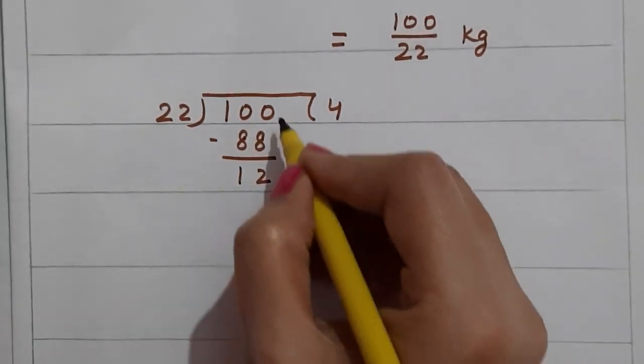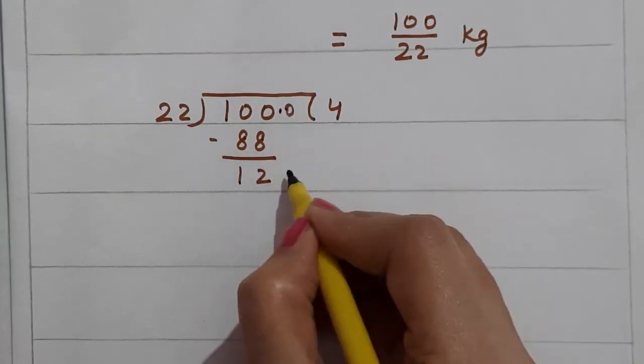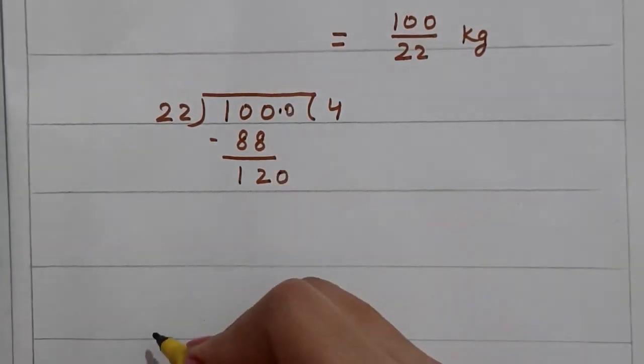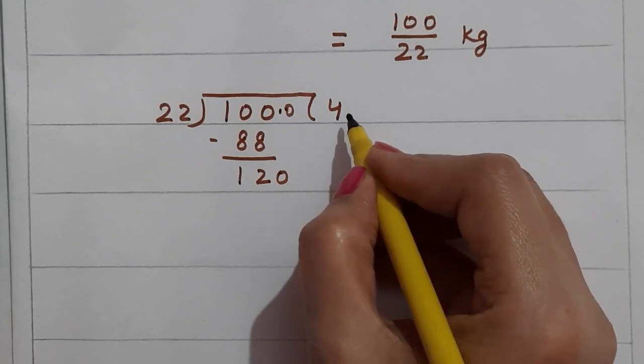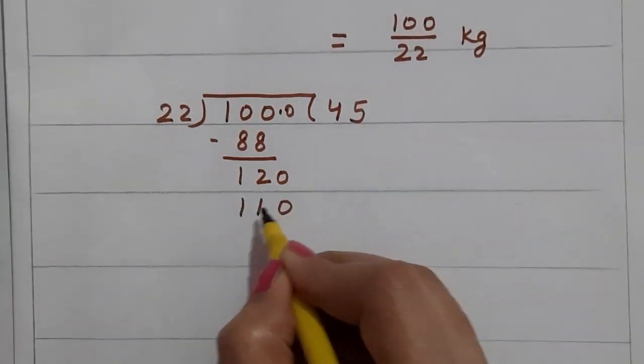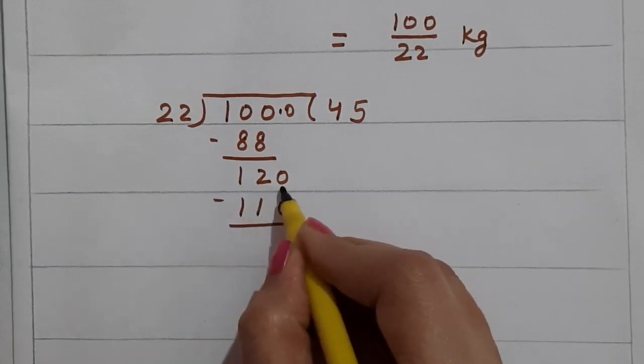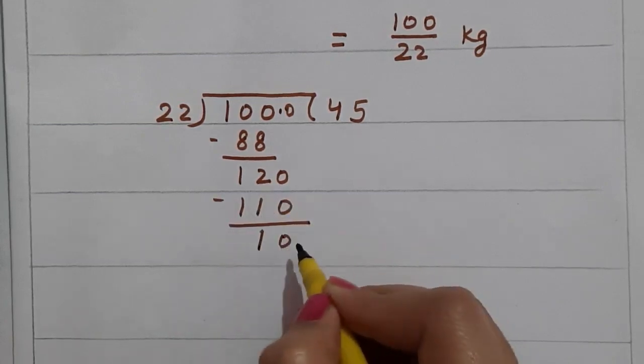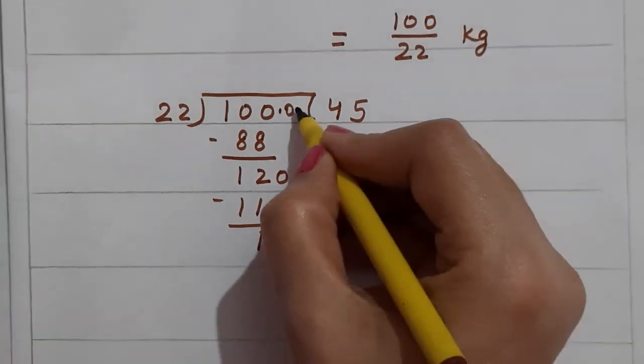Now the denominator is left. Put decimal and consider 0. Now 22 fives are 110. 120 minus 110, 10. Again take one more 0.